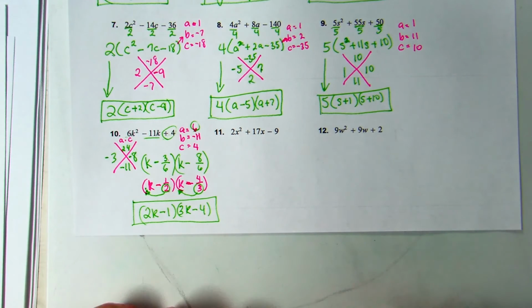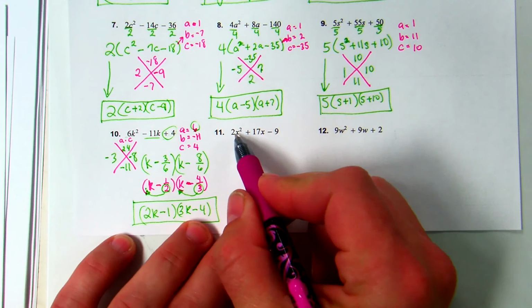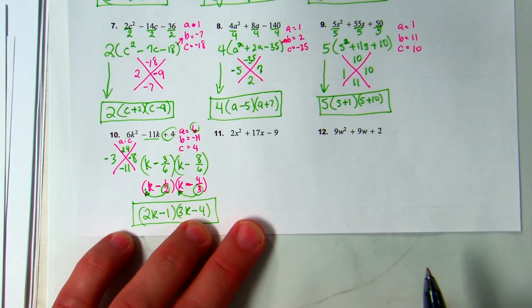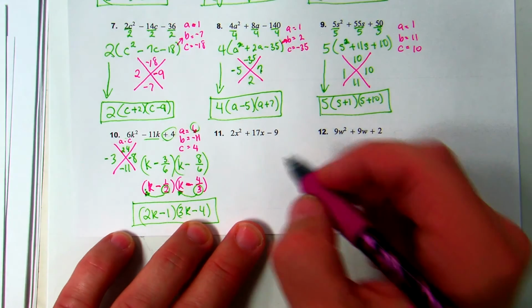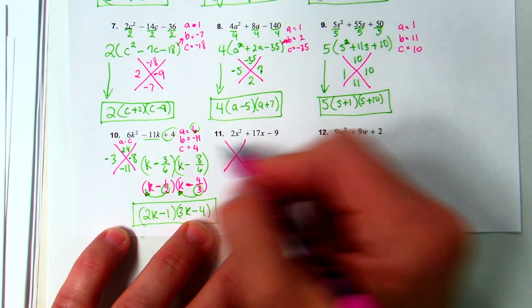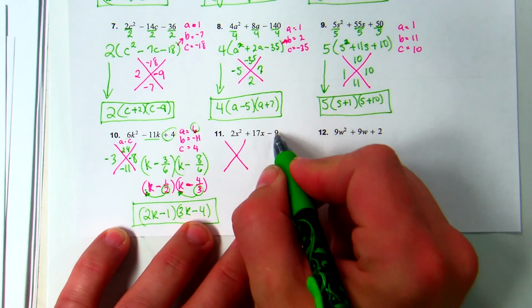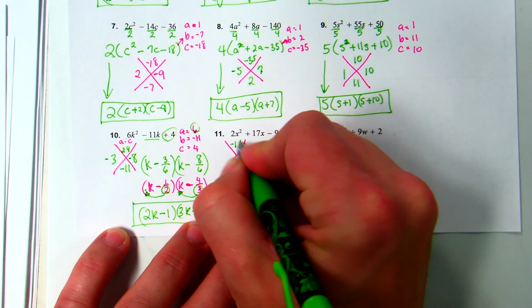Okay, number 11. Let's look at number 11. I can't divide 2 out of everything evenly, and so what I'm going to do now is go ahead and create the x. I'm not going to write these out to the side this time. I think by now we kind of know what we're doing. 2 times negative 9 for the top is a negative 18.